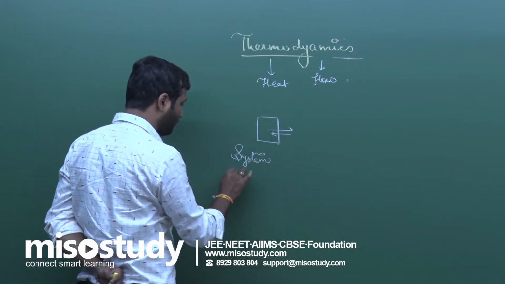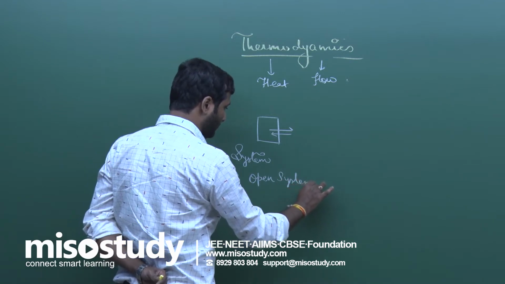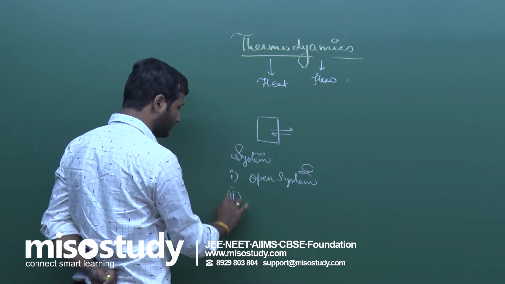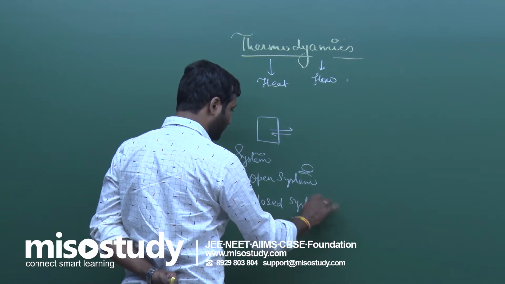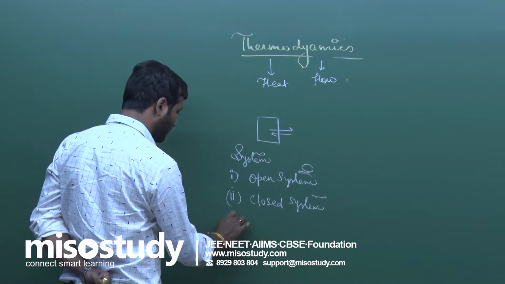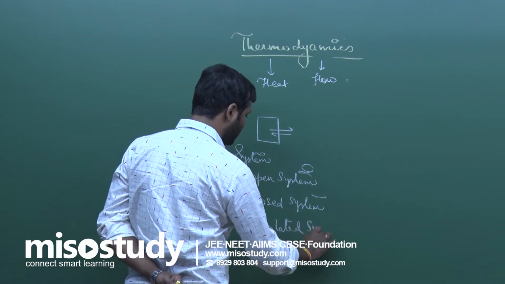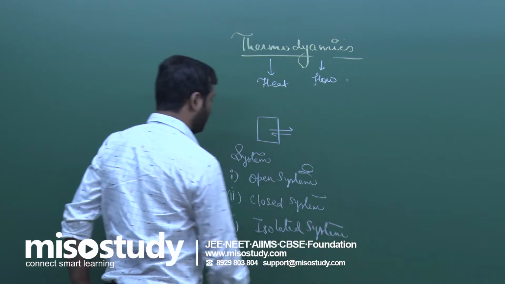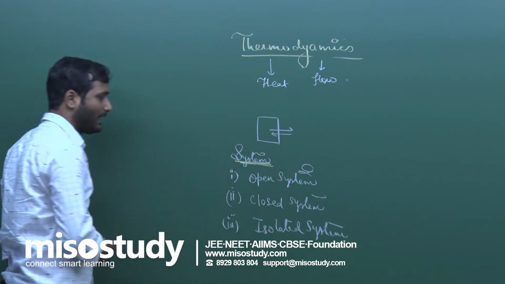The types of system: first of all we know the open system. The second one is the closed system, and the third one is the isolated system. Open, closed and isolated system.